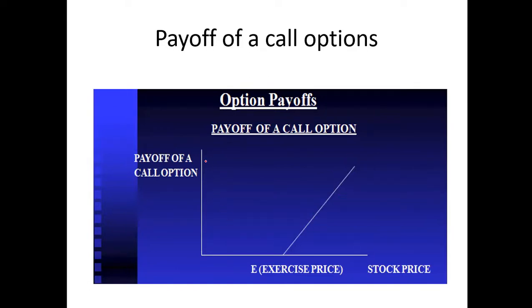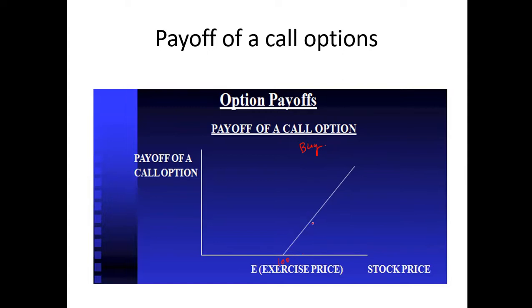Now the payoff of a call option is here, for example, the exercise price is given. Like the call option, it is the right to buy, I'm writing here. You have, let us say, 100 rupees as the exercise price, and the stock price moves beyond this. So if you buy in the market, you will pay more.